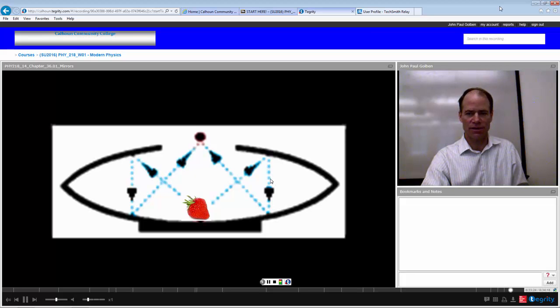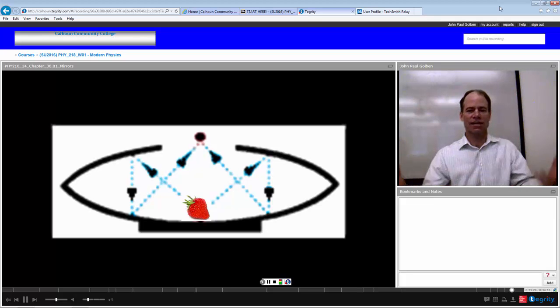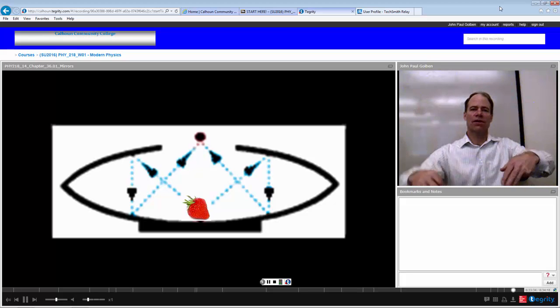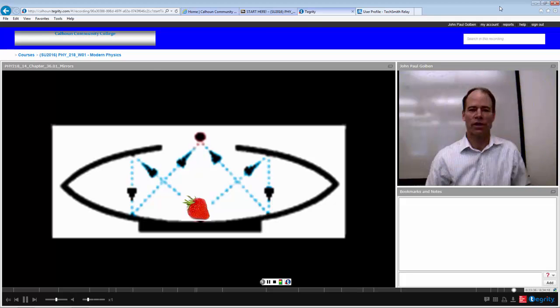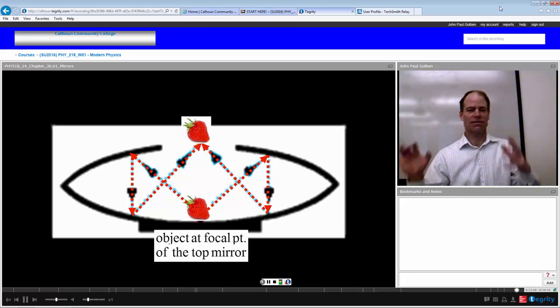Then these parallel rays rain down onto the second concave mirror, which has the same focal length. As these parallel rays come into that mirror, they converge on the focal point of the second mirror. Hence, you end up with a real image of the object at the focal point of the second mirror, and it appears like the object is there.